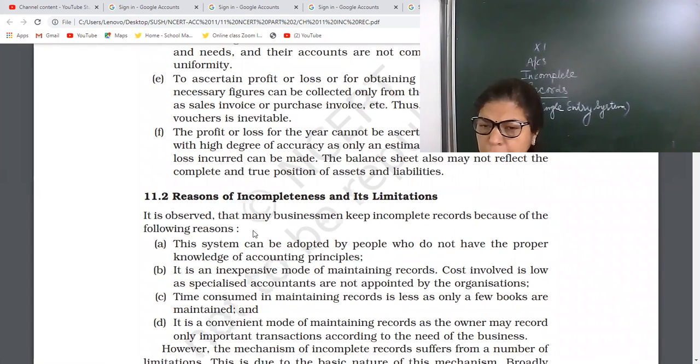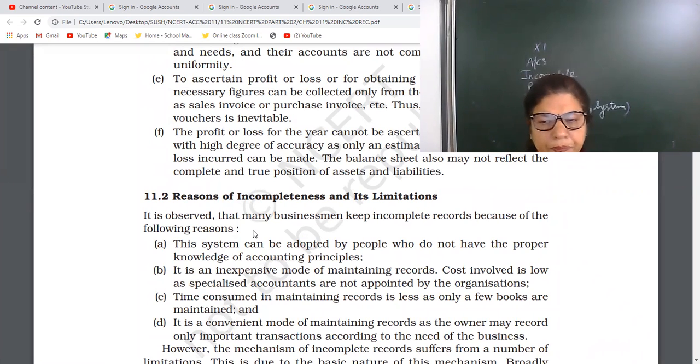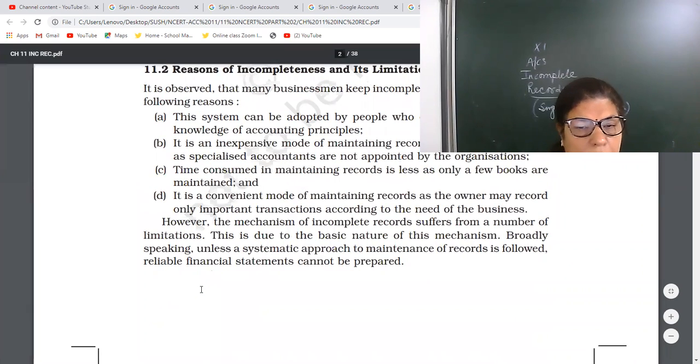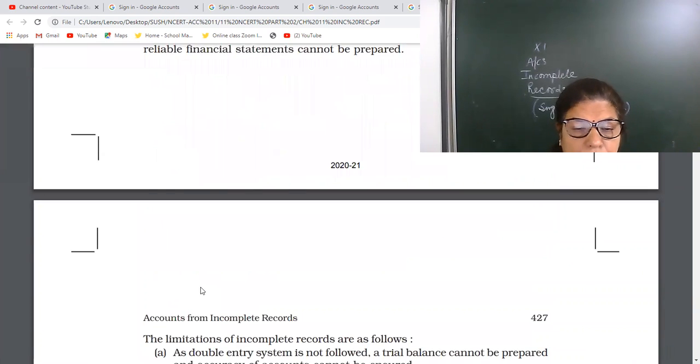Then it is less time consuming, for those who don't have too many accounts or transactions. It is a convenient mode, but some limitations are there.